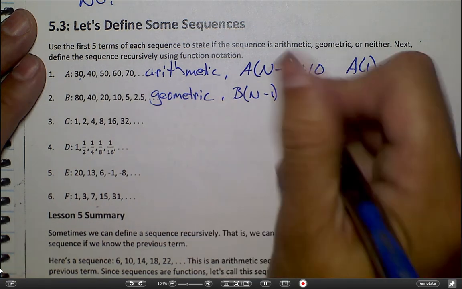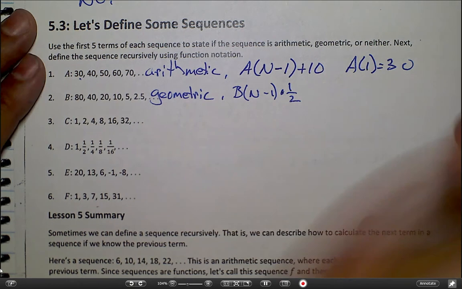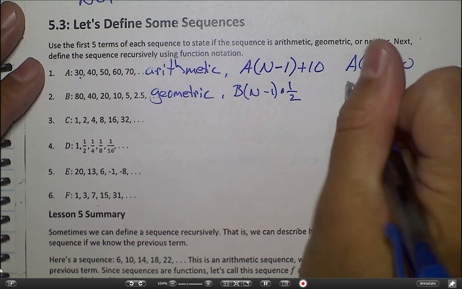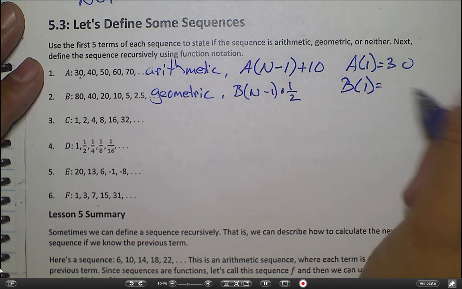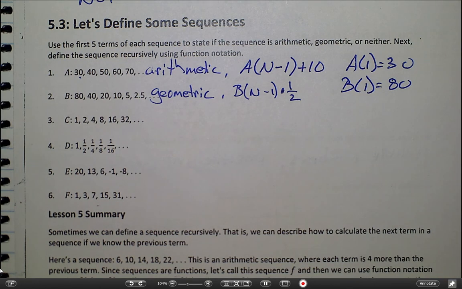And then I would do what? Divide by 2 or multiply by 1/2. It means the same thing. And what is my initial B of 1, the first term? 80. There we go.